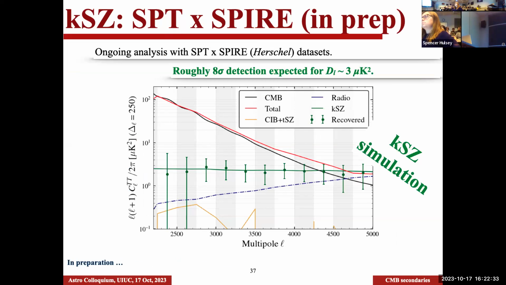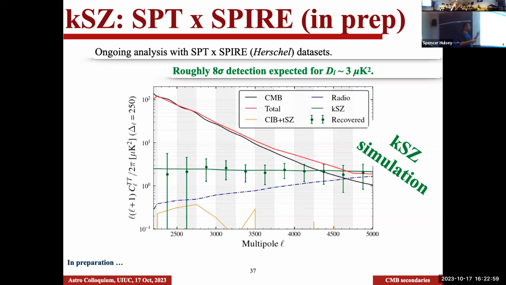You can see here that this is also from SPT. This is under preparation. What we are doing here is combining data from SPT and Herschel. Herschel is a cosmic infrared background satellite. When we include Herschel with SPT, we have a very good mitigation of CIB. Just by including Herschel and going really deep, it seems that we can recover the kSZ power spectrum at roughly 8 sigma.